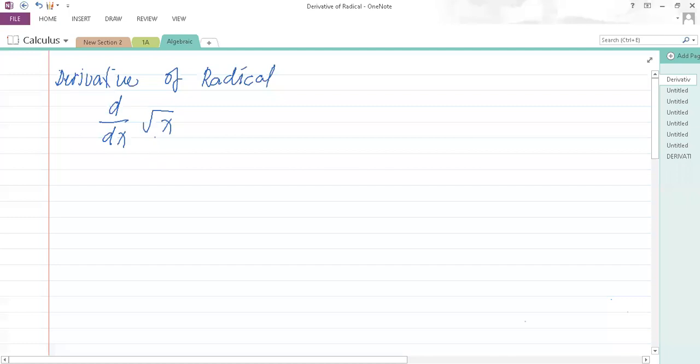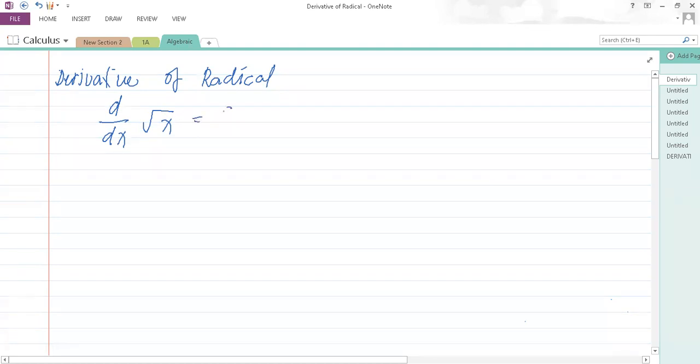If we have a radical, we have to convert it first into a rational or fractional exponent, before we solve for its derivative.